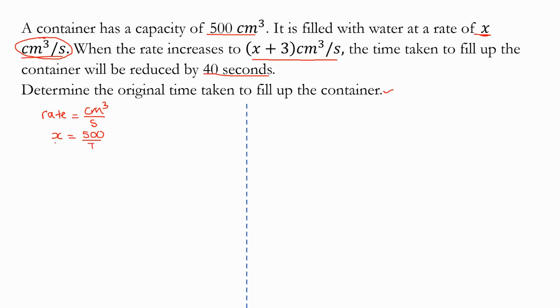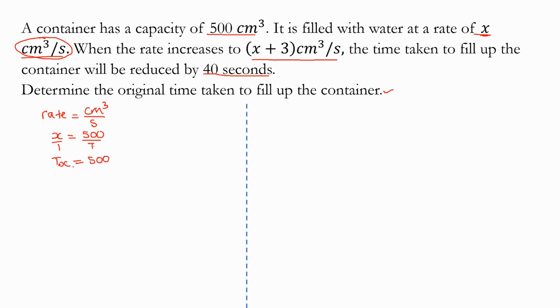You can cross multiply here, x over 1, and say this is t times x, which is equal to 500.